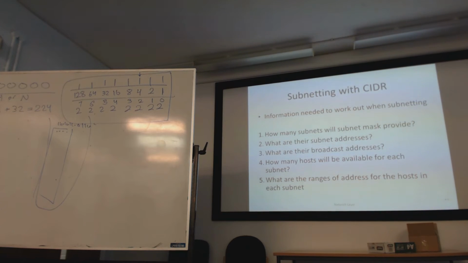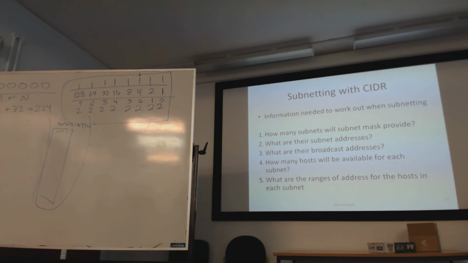We said the main issue within class B is you have 64,000 users but only one broadcast for all of them. But with subnetting, each subnet will have its own broadcast address. So you need to know the broadcast address for that subnet. How many hosts will be available for each subnet as well? So how many subnets are created, and how many users for each subnet are available?